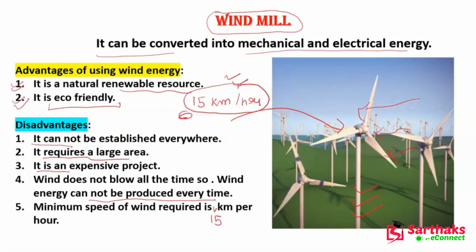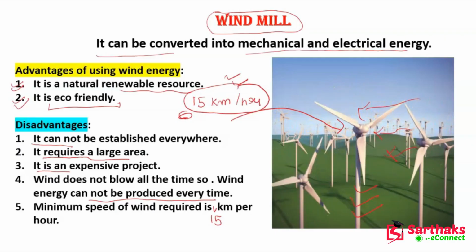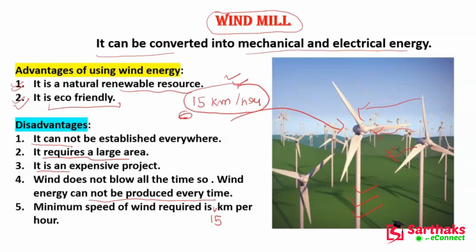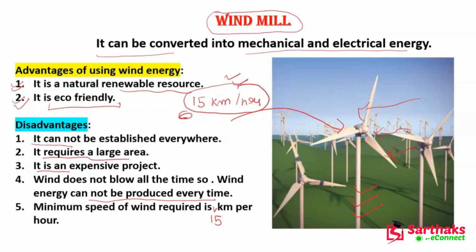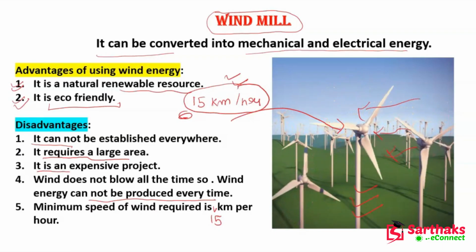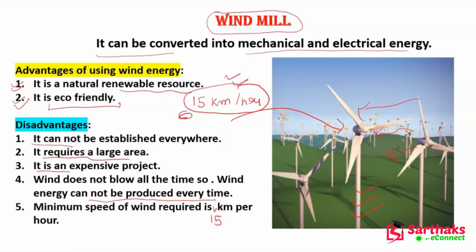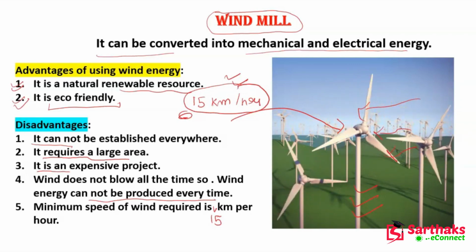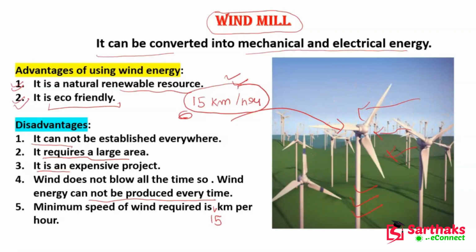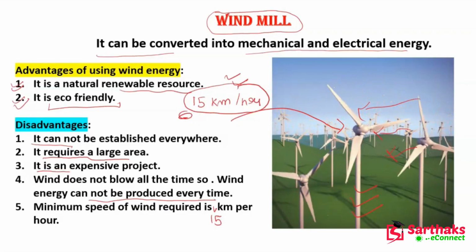So let me summarize what we have seen. We have seen that in a windmill we use the energy present in the air, or the kinetic energy of air, to generate electricity. The shaft of the windmill rotates, okay, and the turbine is connected with this, so the turbine also rotates and we generate electricity.